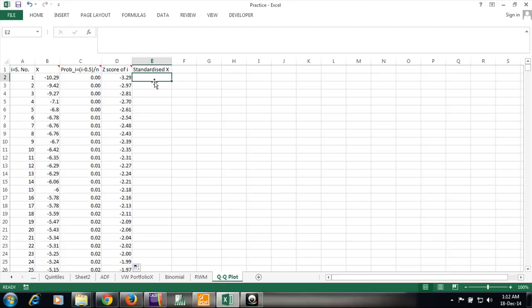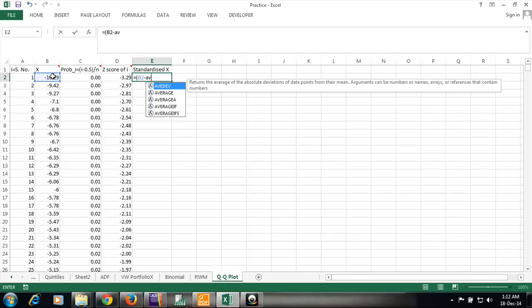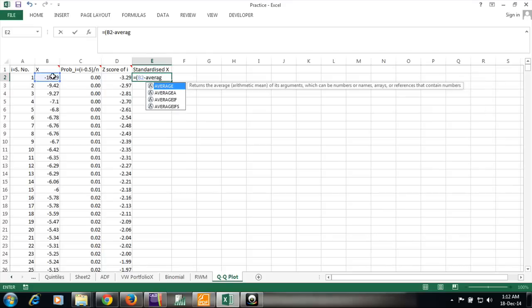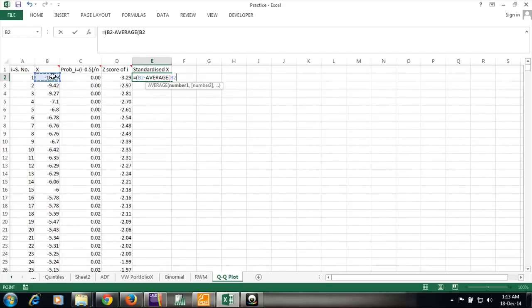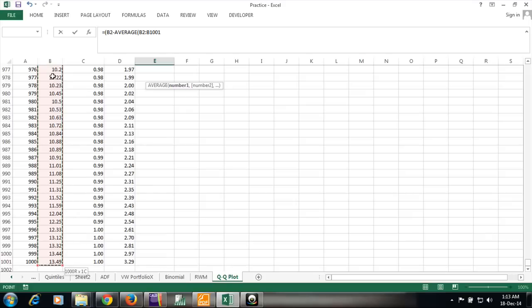Now this is the sample Z score, which is simply standardizing our X values. We standardize our X values: our sample values minus the mean of them, Control Shift Enter. Now F4 just to freeze it.